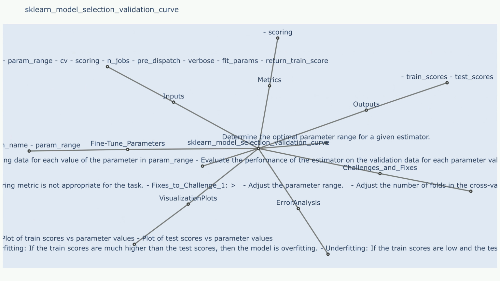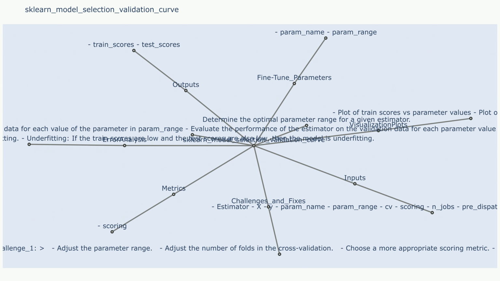Model training: the estimator is trained on the training data. Model evaluation: the trained model is then evaluated on the validation set using the specified scoring metric. Result storage: the training and validation scores are stored in the train scores and test scores arrays, respectively.